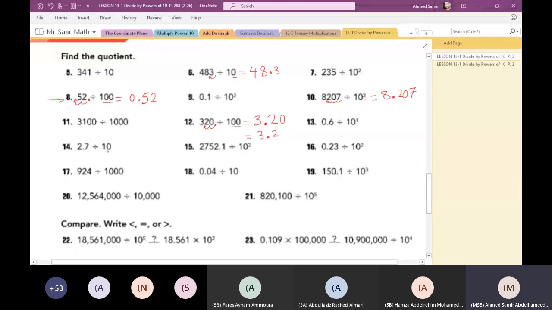We have 1 0 here, so we're moving the decimal point 1 digit to the left or right, Bilal? To the left, because we're dividing here. To the right if we're multiplying, to the left if we're dividing. So the answer is 0.27. Can we leave it like this or do we add 0 here? We add 0. Excellent job, Bilal. Well done, dear. Thank you very much for that.